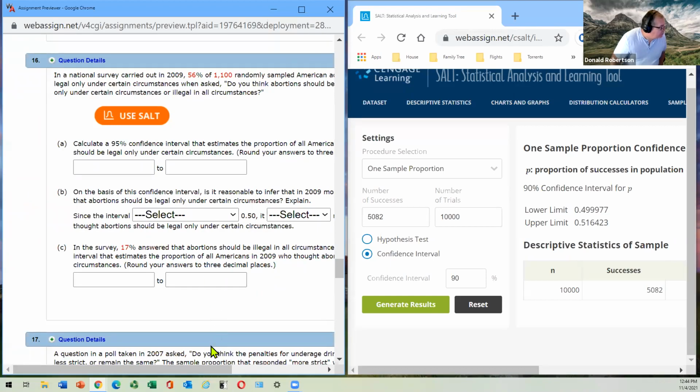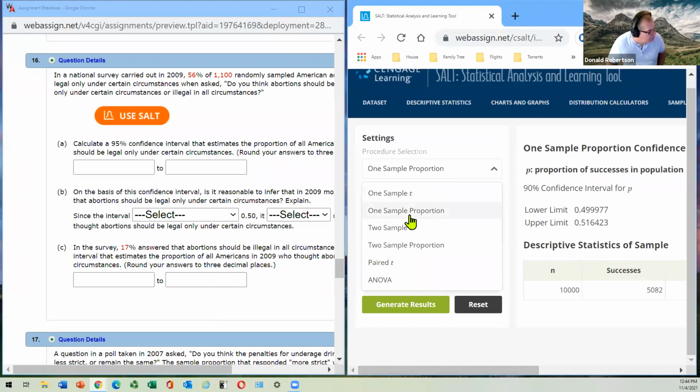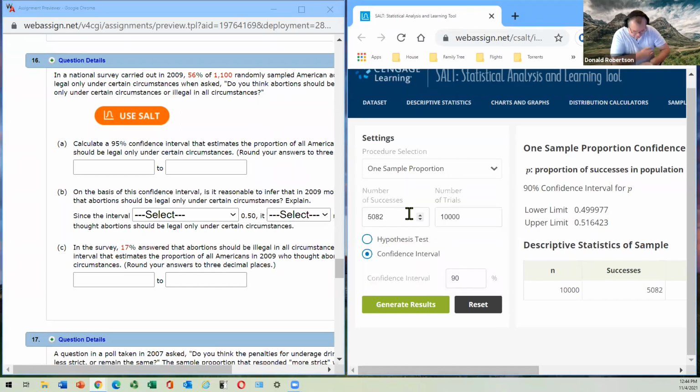Calculate a 95% confidence interval based on that. Well, we're going to hit a roadblock right away. The number I've got is 56% of 1,100. I know this number here was 1,100. That there is 56%, but that doesn't make that number 56, does it?